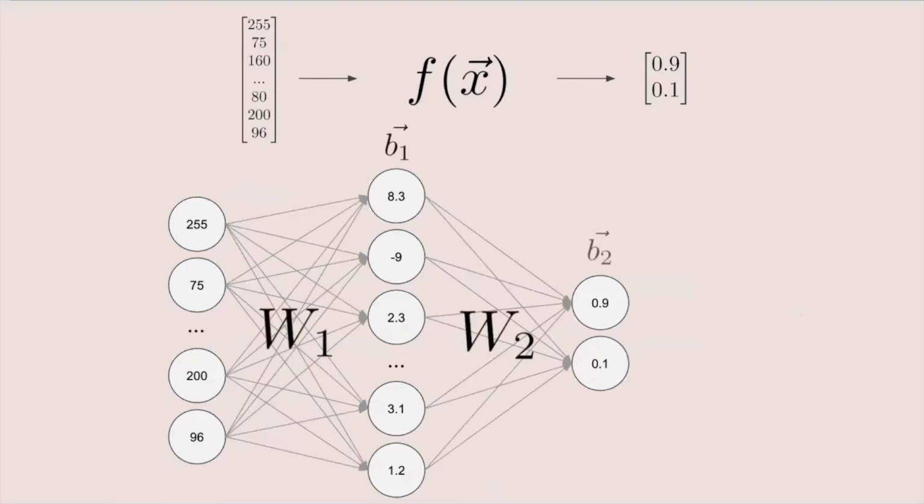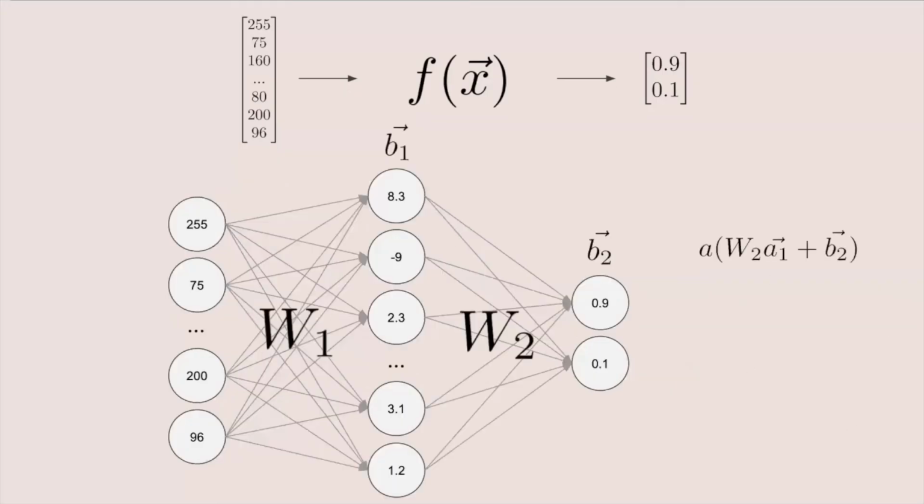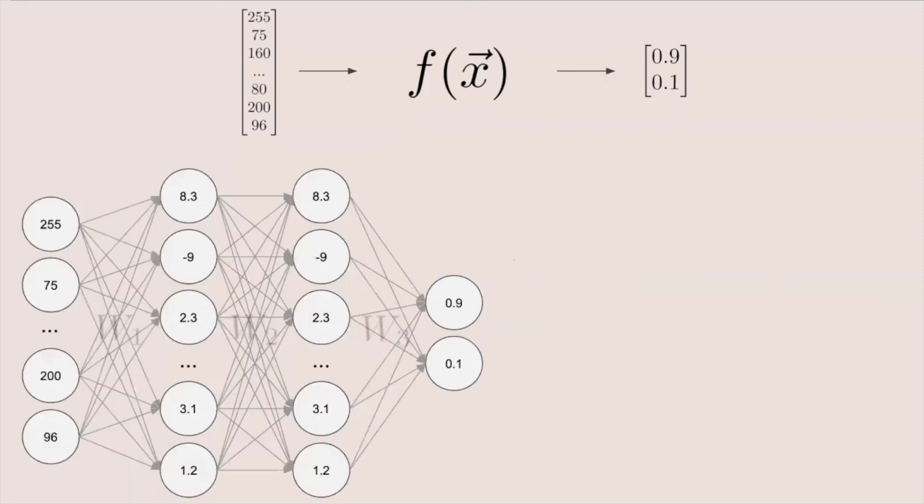Here's a neural network with one hidden layer, and this is how we would describe it mathematically. And note that we can expand the activation from the previous layer into what was right here, right? And then similarly, we could do it for two hidden layers.